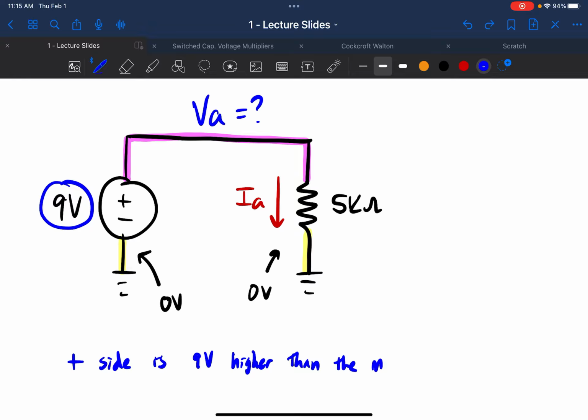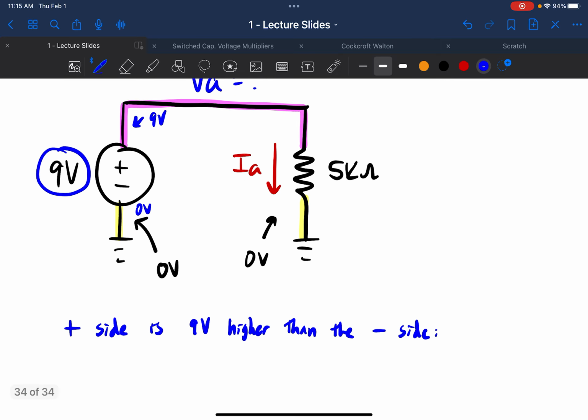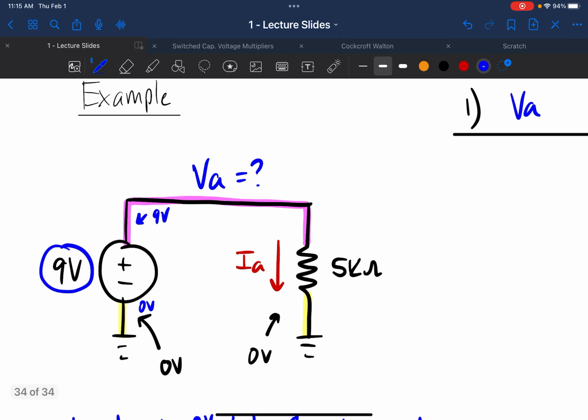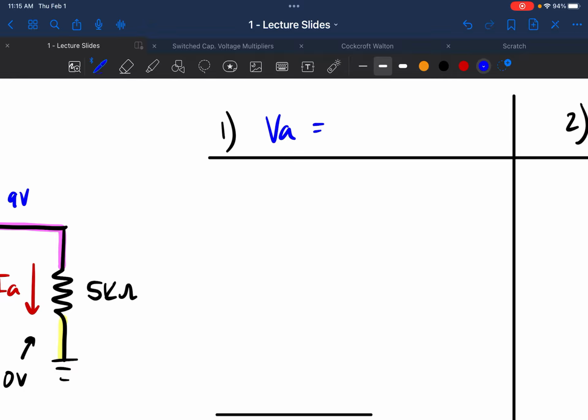So if I'm at 0 volts here and 9 volts higher on this side, then this side has to be at 9 volts. Since the voltage on the entire net is the same, VA is equal to 9 volts. It's really that simple for VA.